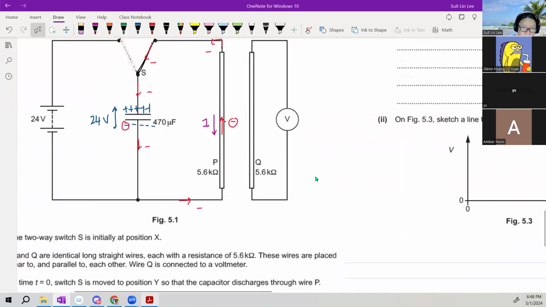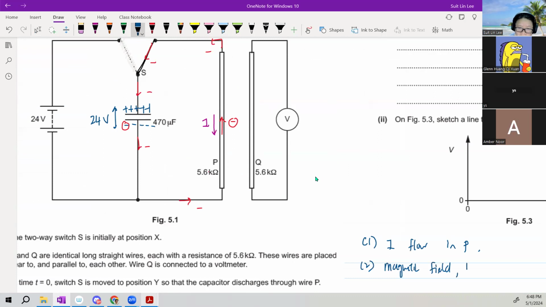Okay, so first explanation, or rather, maybe the explanation is here. Number one, there is current flow in P. Number two, magnetic field BP is set up. I think this part is okay, right? Because current is flowing and this is a straight conductor, you can use the right-hand grip rule.